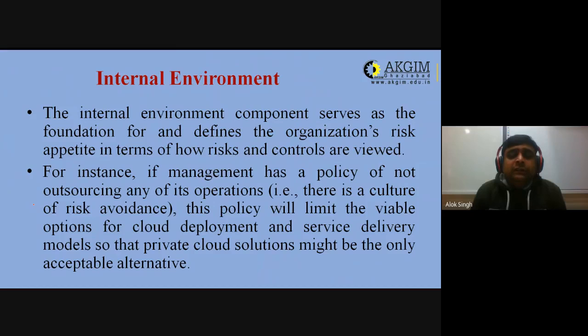For instance, if management has a policy of not outsourcing any of its operations, meaning there is a culture of risk avoidance, this policy will limit the viable options for cloud deployment and service delivery models, so private cloud solutions might be the only acceptable alternatives. If you have any confidential data and you do not want to expose it in external environments, you should choose the private cloud model.